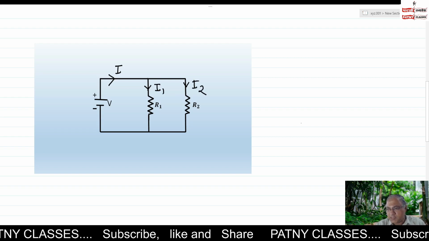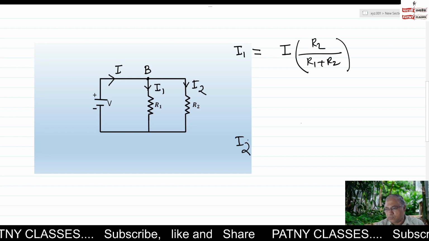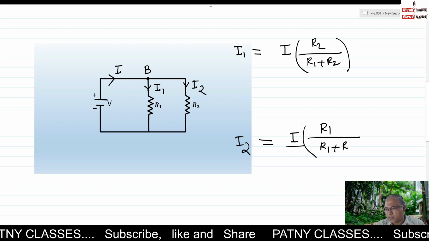The current I flowing through the circuit, when it comes to the point B, gets divided into two parts, I1 and I2. The expression for I1 is I into R2 upon R1 plus R2, and the expression for I2 is I into R1 upon R1 plus R2.